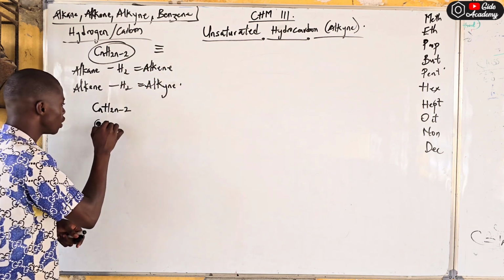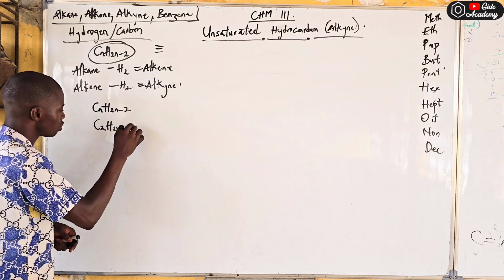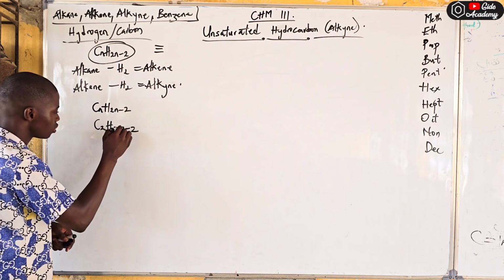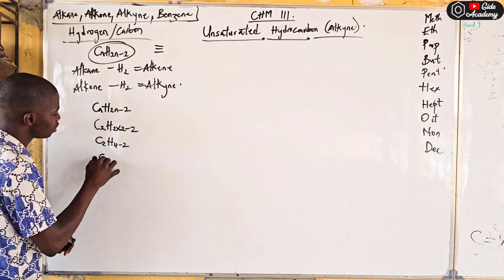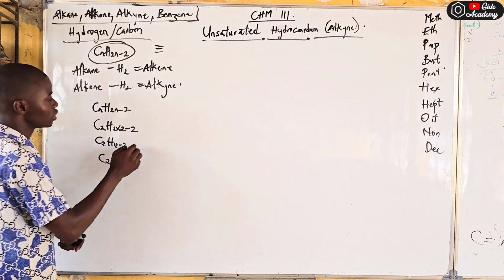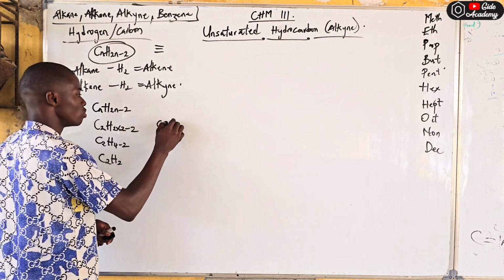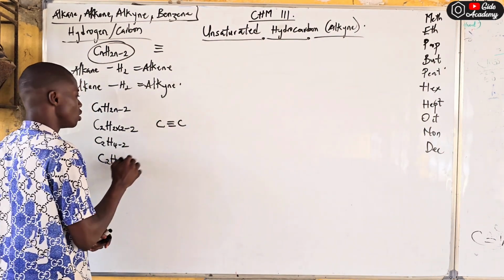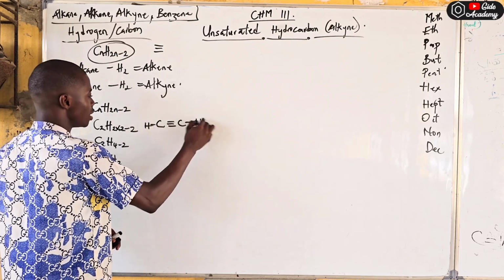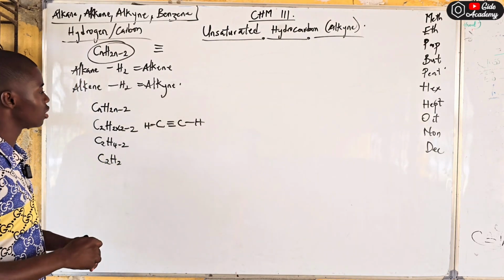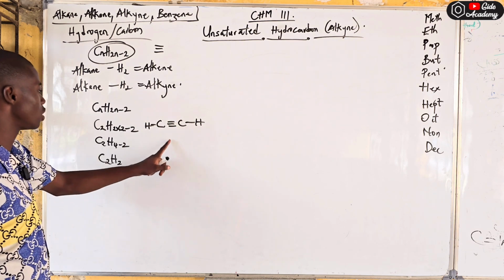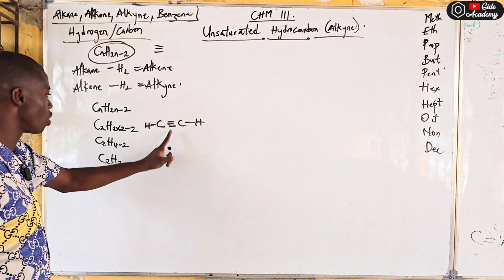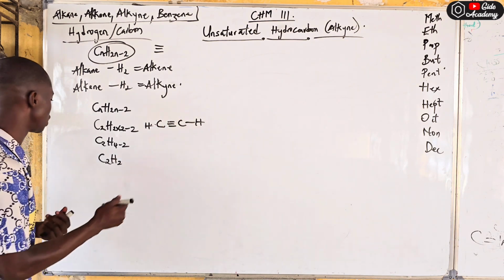So it will be C2H2 times 2 minus 2, which is C2H4 minus 2. That will give us C2H2. Then you just write carbon atom, triple bond, carbon atom, with hydrogen on each side. The structure is balanced. Please take note of that.